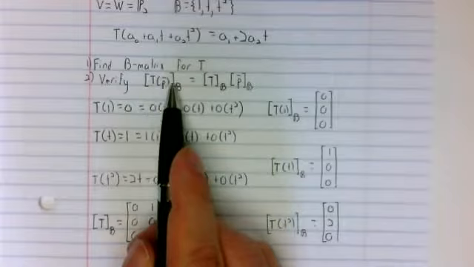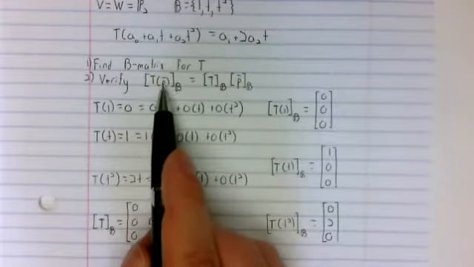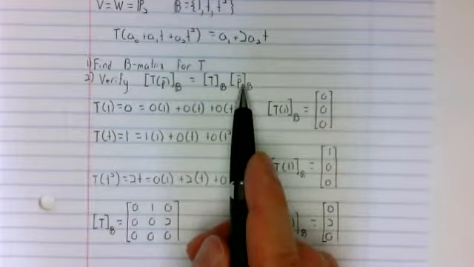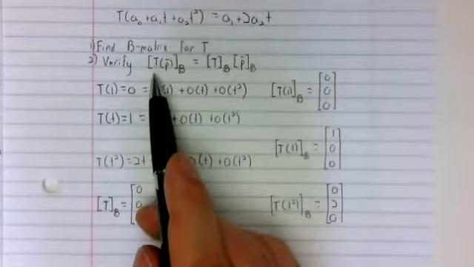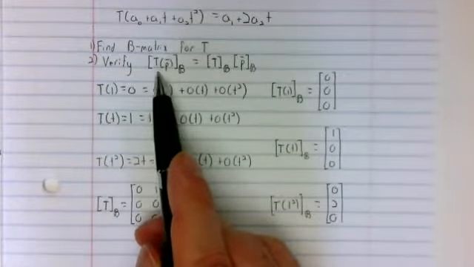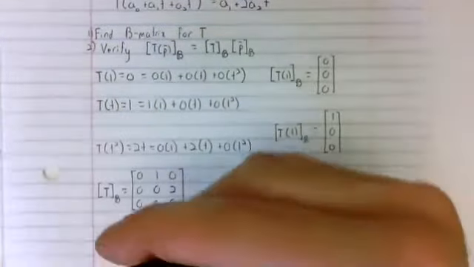So we want this coordinate vector to equal this product. So we need to get this coordinate vector first of all.